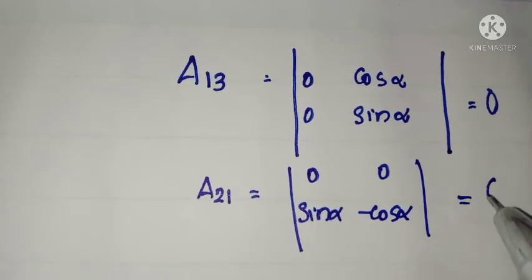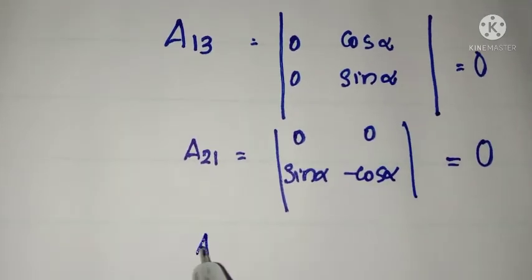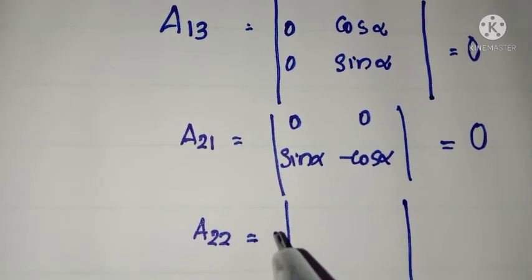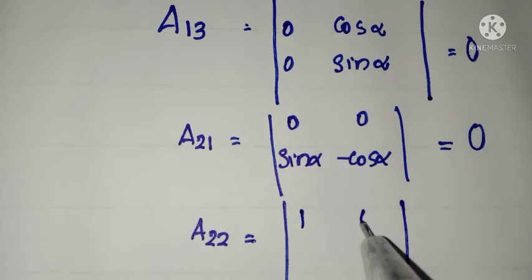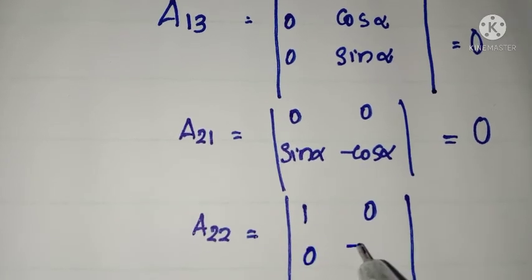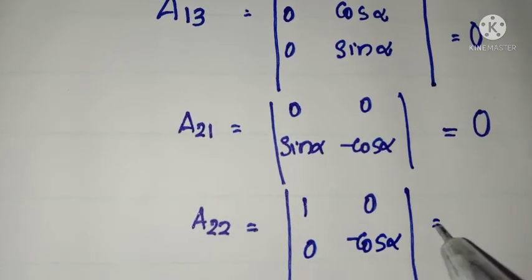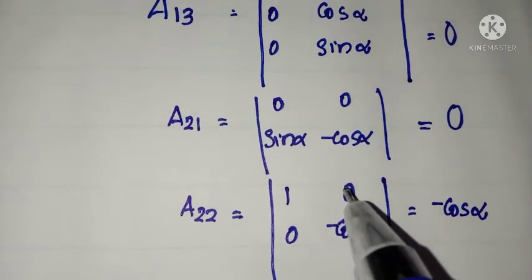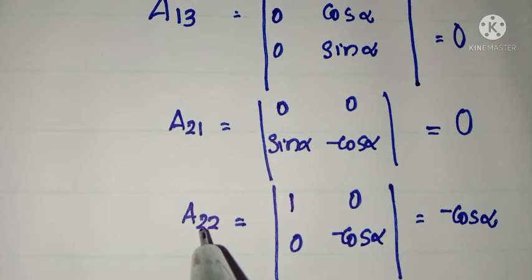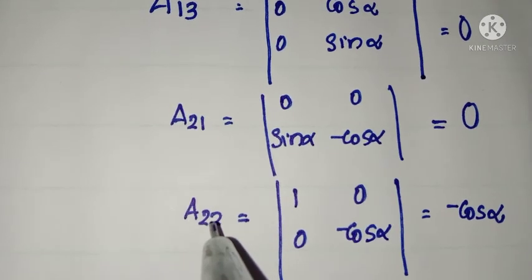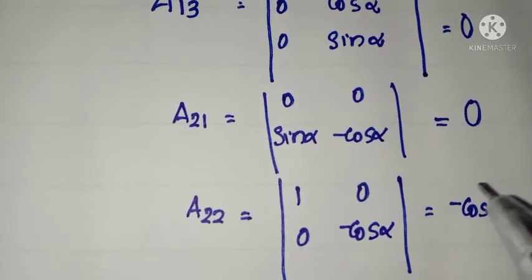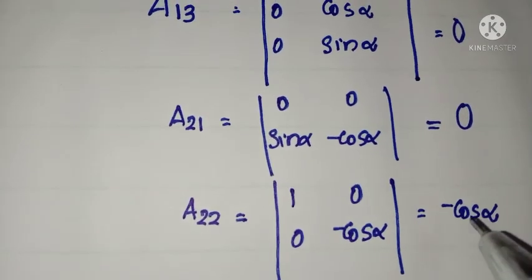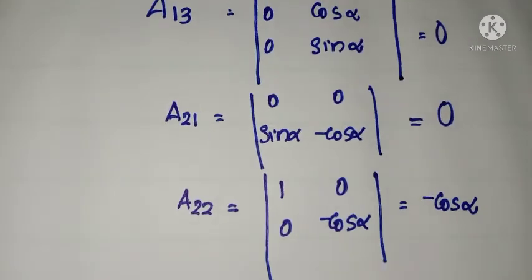This also gives 0. Now A22. Deleting the second row and second column, we have [1, 0; 0, -cos alpha]. 1 into -cos alpha minus 0. See, the suffix is 2, 2. 2 plus 2 is 4, and 4 is even. So give a positive sign. Positive of -cos alpha is -cos alpha itself.